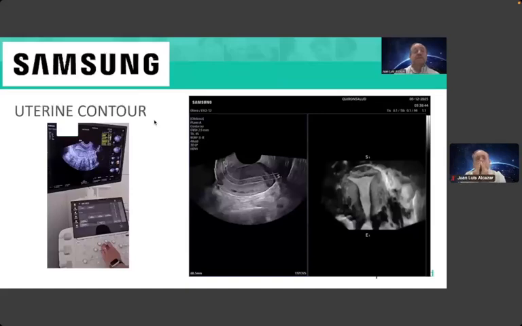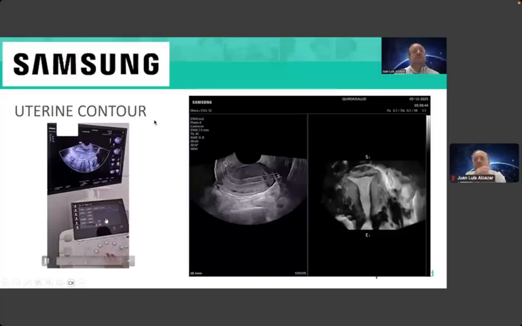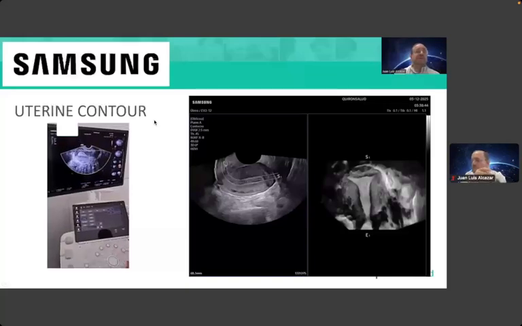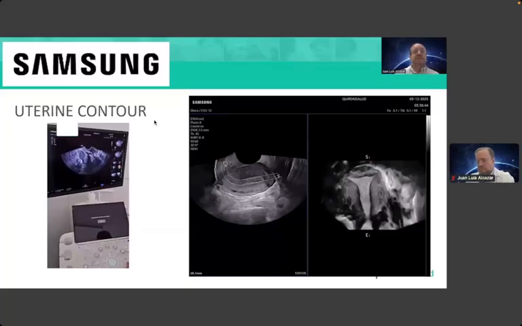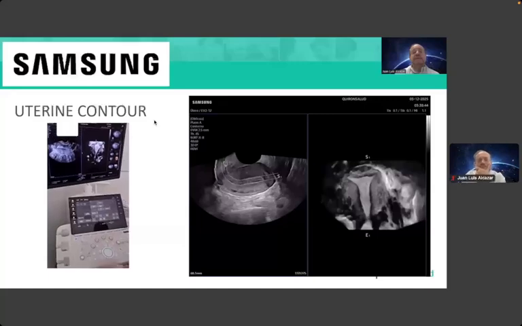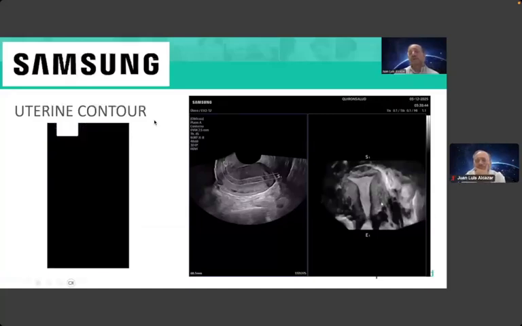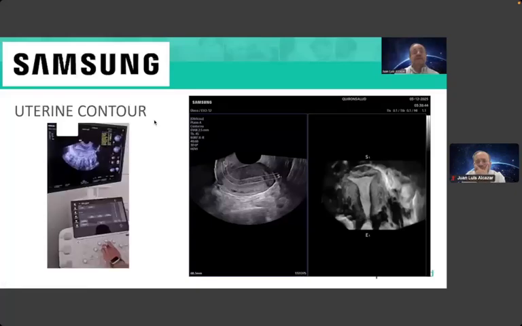Also, some machines have developed the so-called uterine contour, with which you can automatically get the coronal view of the uterine cavity. As you can see in the video, you just touch the screen. The 3D volume is acquired, and by automatic measurement you will obtain the coronal view. And this is quite interesting to assess the junctional zone in the coronal view of the uterus, as you will see later on.